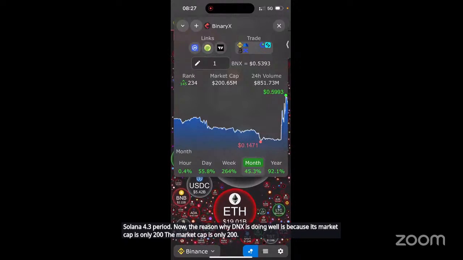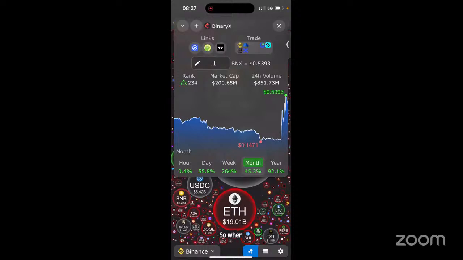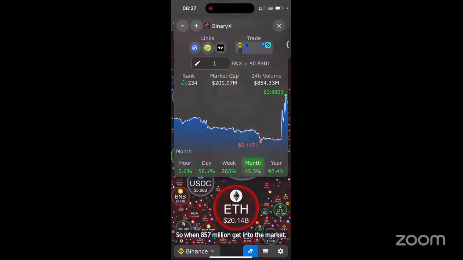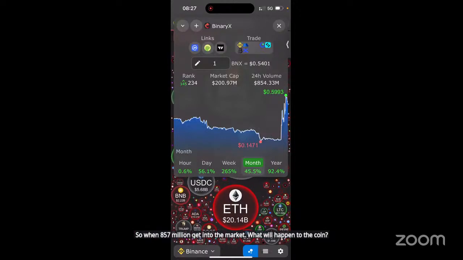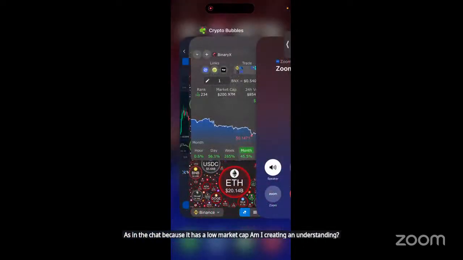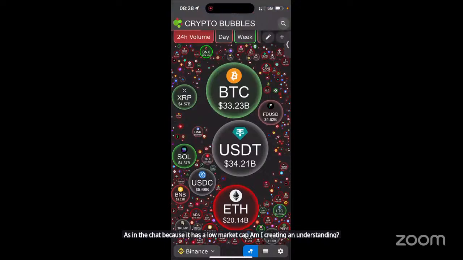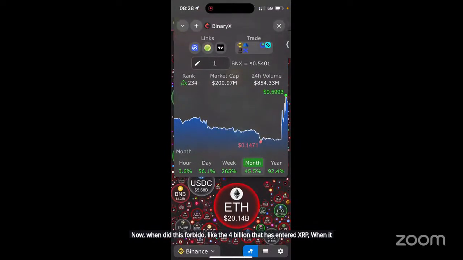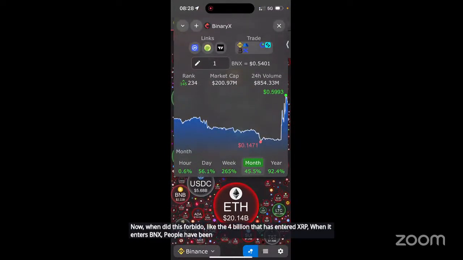So when 857 million gets into the market, what will happen to the coin? Answers in the chat, because it has a low market cap. Am I creating understanding? Now, when the 4 billion that has entered XRP enters BNX, people who have been holding these coins become millionaires.